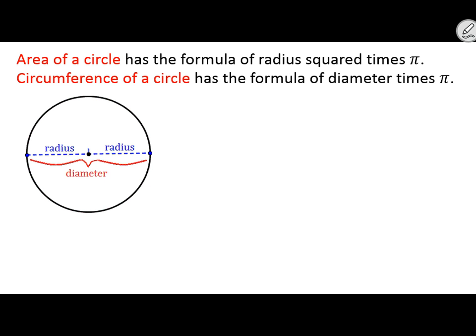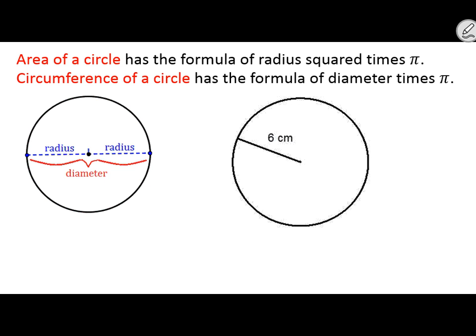So if I give you the measurement of a radius, for you to figure out the diameter, just go radius times 2. If I give you the diameter, which is from edge to edge, for you to find the radius, divide by 2. As an example, I give you a circle like this. I'm giving you the radius.